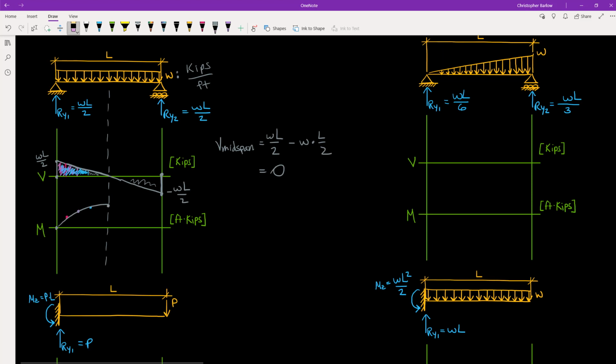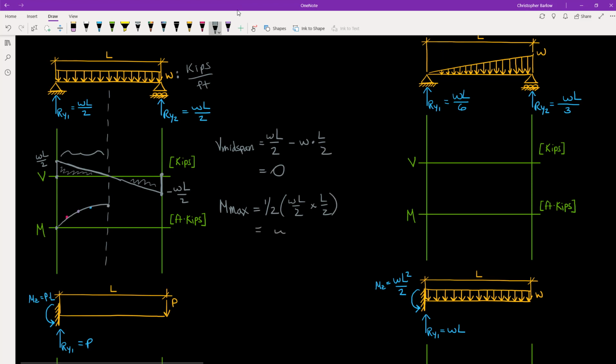So now let's calculate that maximum moment magnitude. M max is going to be equal to the area underneath the shear diagram. And the area of a triangle, of course, is 1/2 the height, wL over 2, times the width, L over 2.